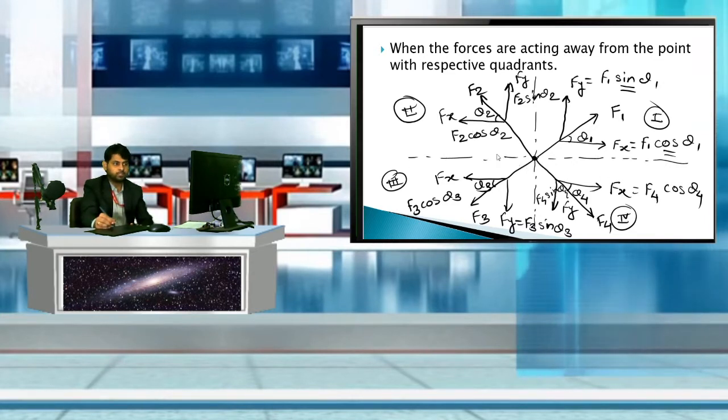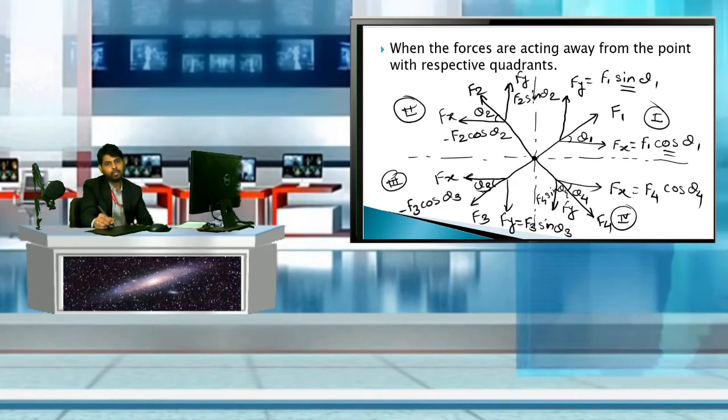But see here, this F1 cos theta 1 goes towards the first quadrant. So here the sign is what? Positive. After that, this Fx goes in the second quadrant. Here the value of x is what? Negative. So that's why we have to take a minus sign. Again, this is F3. It also goes in the third quadrant, which means in the third quadrant our x-axis is negative. So we have to take this also negative.